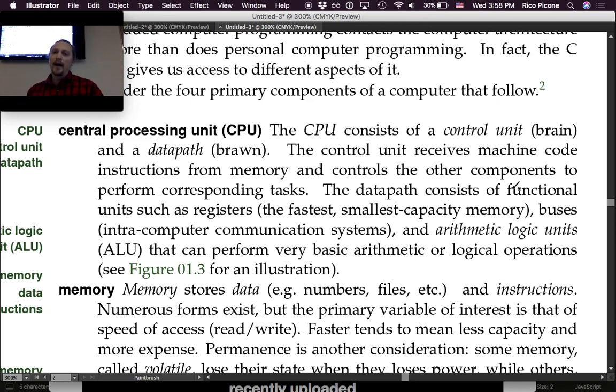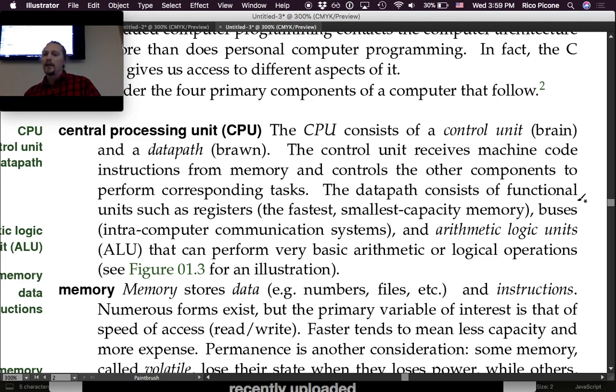The data path, the other part, consists of functional units such as registers, which are the fastest, smallest capacity memory, buses, which are intra-computer communication systems. Intra meaning internal, so not outside the different things, but inside the computer.